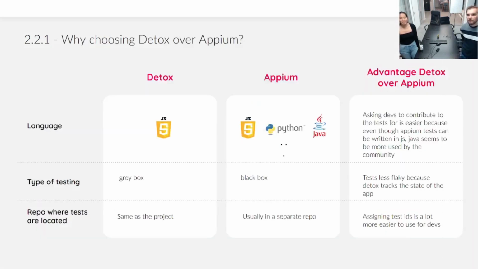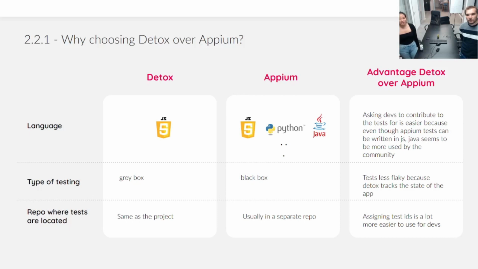So there are many reasons why some users will choose Detox over Appium, and this depends on how these frameworks are designed. Regarding the language, we know that React Native applications are written in JavaScript, and if you want to ask developers to contribute to the tests, it will be easier for them if they can use the same language as they use for writing the code of the application.